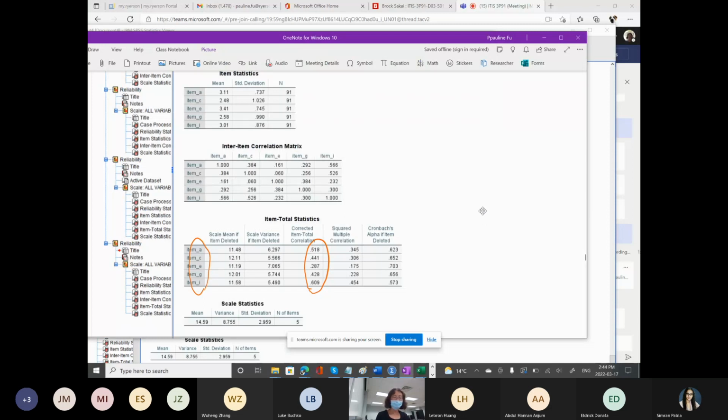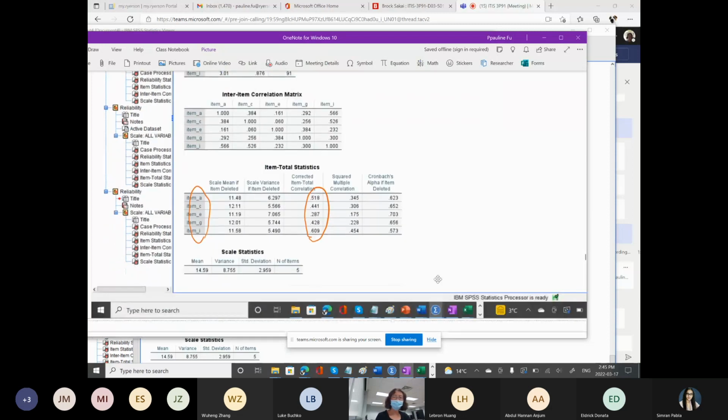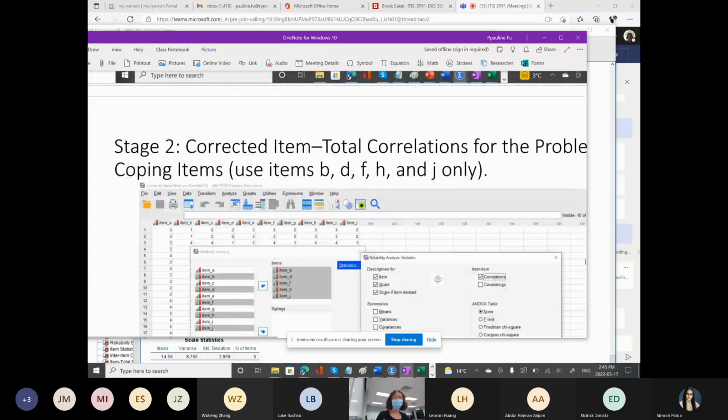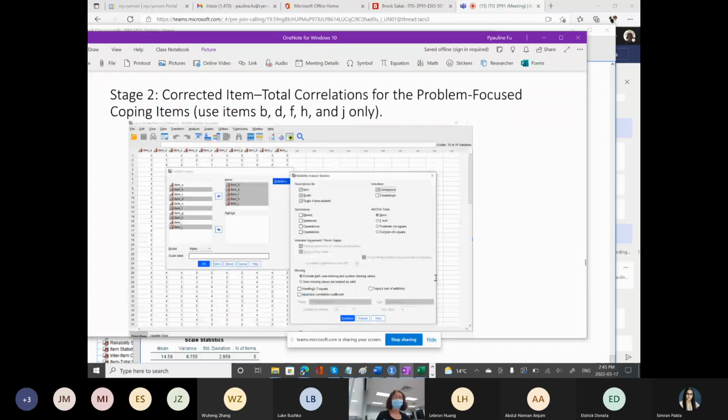Next, we'll do stage 2. Stage 2 here. Correlated item total correlations for the problem focused. So this time, we need to use items BDFHJ.